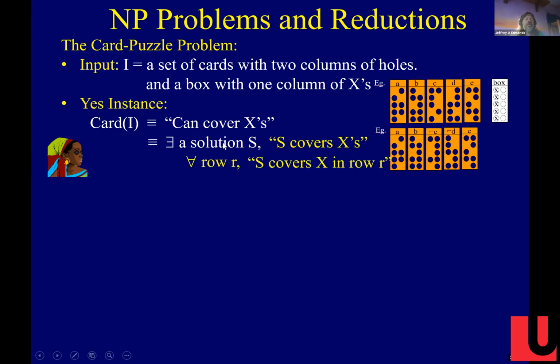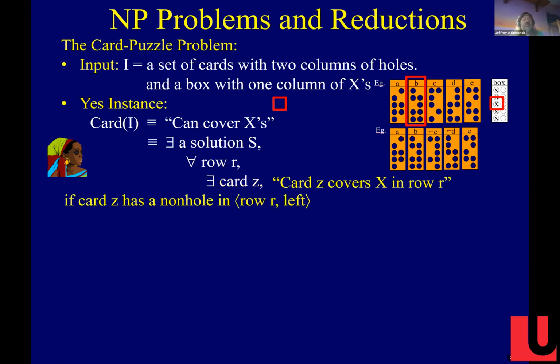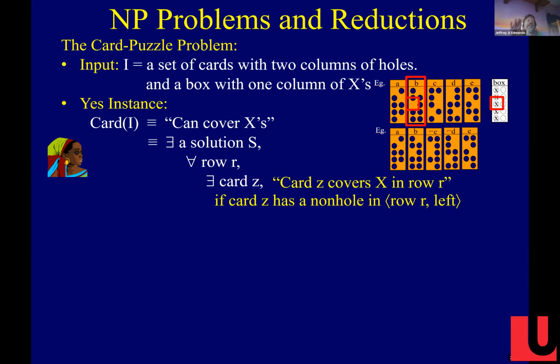That means there exists a solution such that for every row, there exists a card that covers it. And how does it cover it? Either it's not flipped and the left is a non-hole, or it is flipped and the right is a non-hole. Everybody understand the two problems?